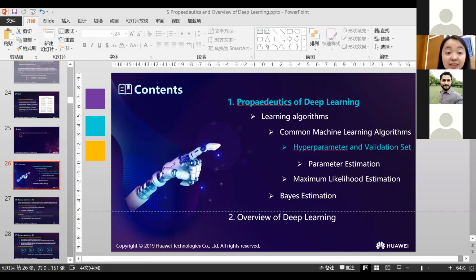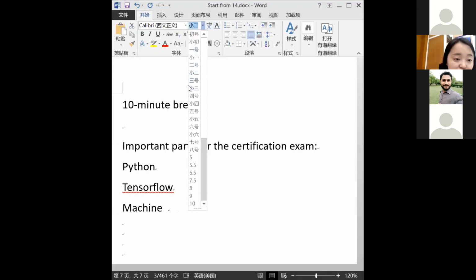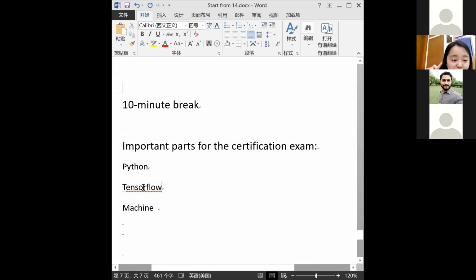So for the certification exam, you need to focus on first the Python chapter and the TensorFlow chapter, and of course the most important is the machine learning and also deep learning chapter. That is the important part for the certification exam.